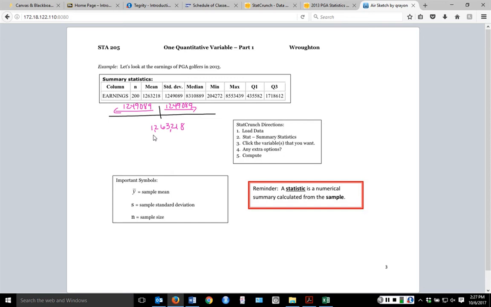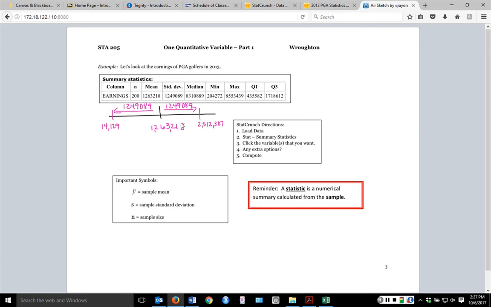Doing it the same way I've done before, I take my mean and subtract that number to get down here, which is $14,129. I take my mean plus my standard deviation to get up here, so that's $2,512,307.